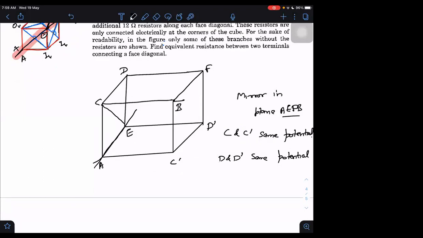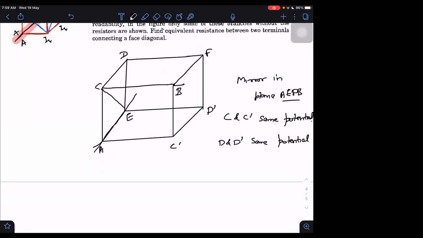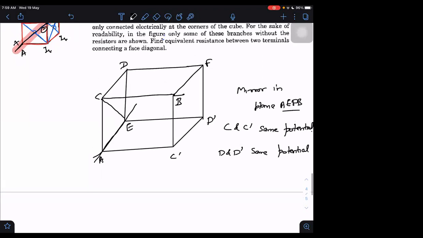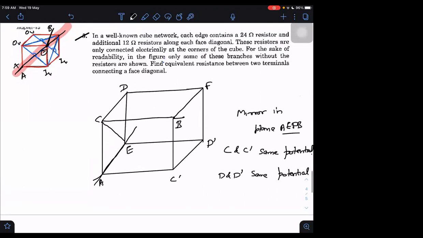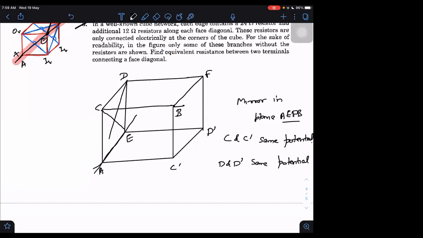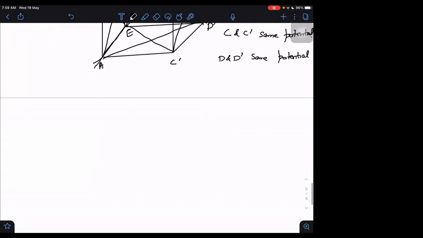We can remove and join these together. Yes, sir. We can join these points together. If I join these together, what will I be getting at last?